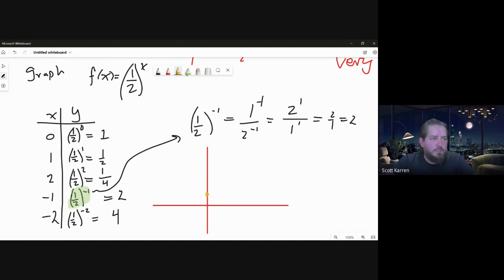So once again, I've got 0, 1 right there. I've got the point 1 and 1/2, so that would be half as much. The point 2 and 1/4. So I can see I'm kind of getting that asymptotic approach to the x-axis now on the right-hand side. Whereas if I go to the left-hand side, I've got -1 and a point at 2. And then -2 and a point at 4. And so then I end up with this graph that looks like this, and then increases sharply to the left, right? So this is the graph of 1/2 raised to the x.